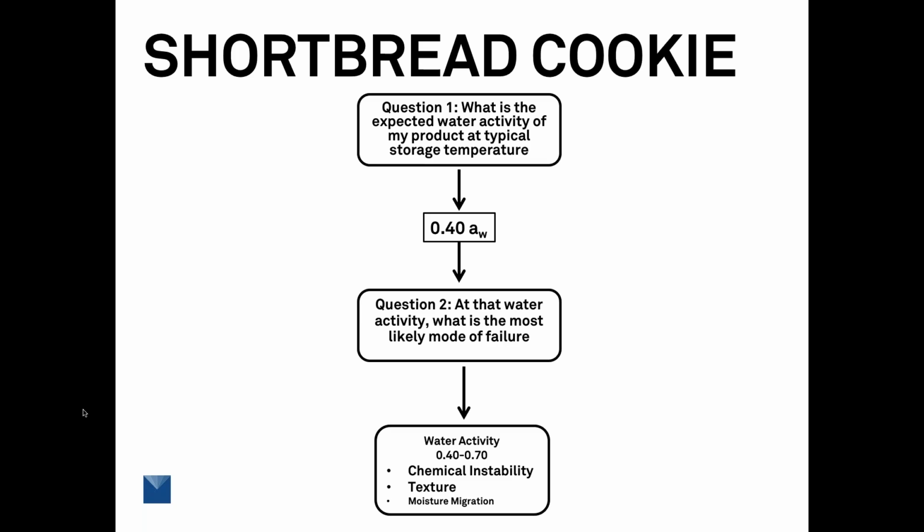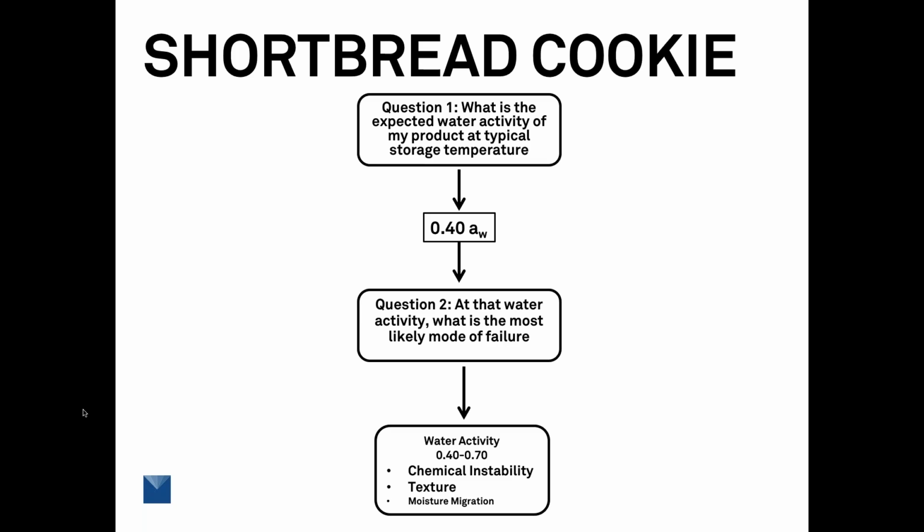Moving on to question 2 for this particular product, we want to know at that water activity, what is the most likely mode of failure? If we go back to our shelf life simplified diagram at 0.4 to 0.7, we have chemical instability, texture changes, and moisture migration. Now this type of shortbread cookie is a homogeneous cookie. There are no ingredients or components added to it.